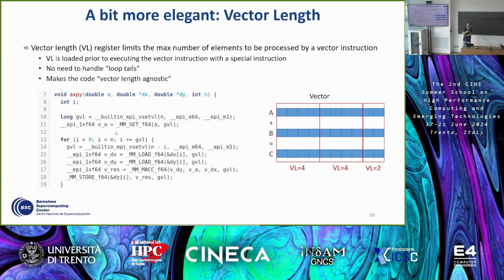No, here when GVL is 1, the compiler is always smart enough to say you're fooling me, I go scalar.